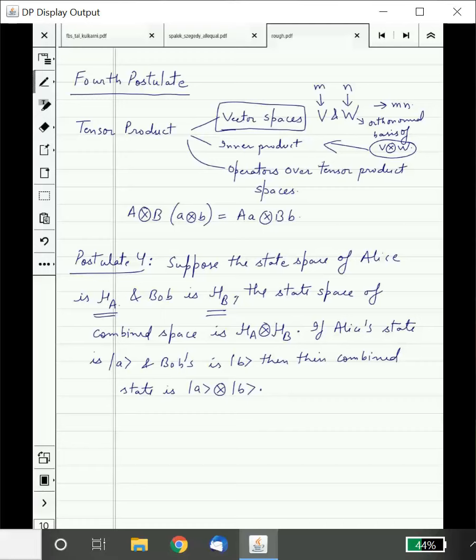If we know the state of Alice and Bob, then we can write the state of the combined system. Here we do not mention what is the state of the combined system given the state of Alice or Bob. This we are going to go into detail at the end of this video.